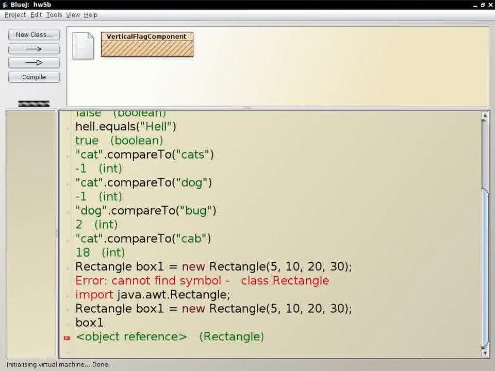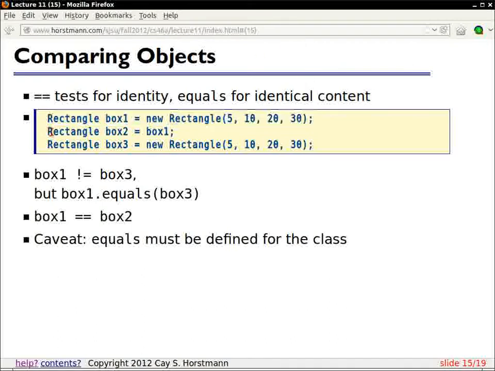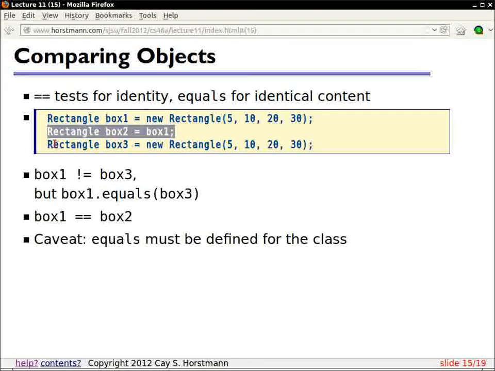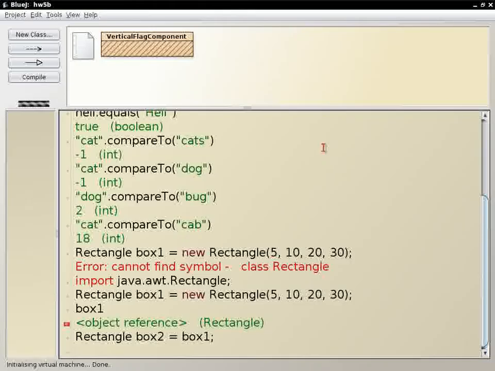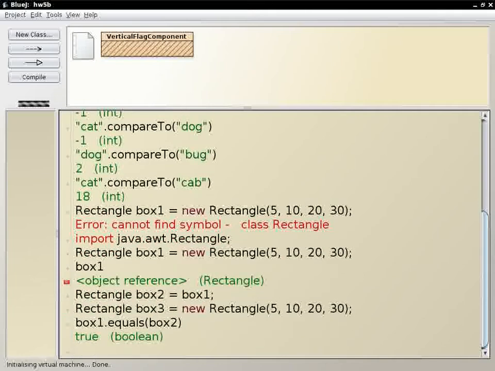So here's box 1. Now I'm going to ask, is box 1 the same as box 2? And it's going to say yes.